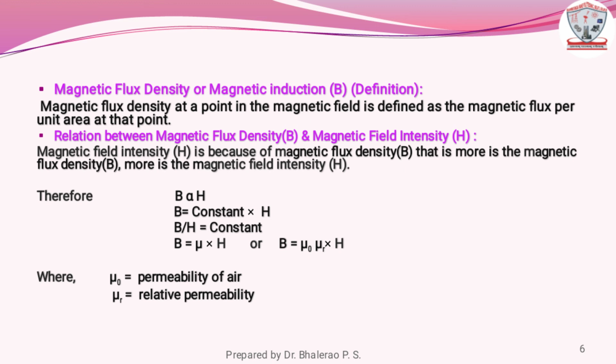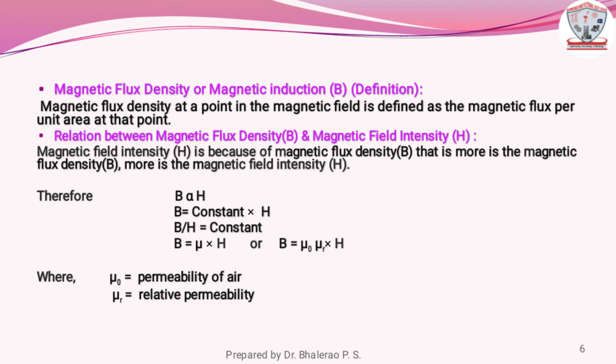Now, the relation between magnetic flux and magnetic field intensity. The magnetic field intensity is because of magnetic flux density B. Therefore, it depends on the magnetic flux.